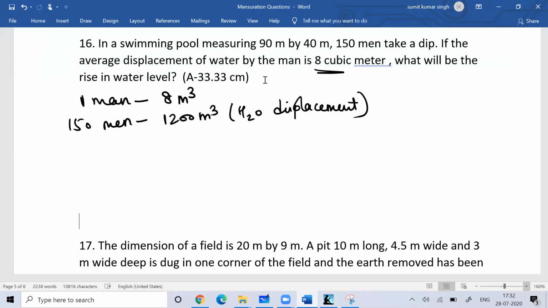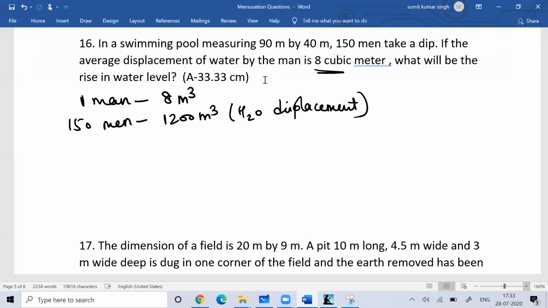It's basic physics knowledge, nothing related to fluid mechanics. So the total volume of water displaced is around 1200 meter cube, and that should be equal to the volume of water which is being worked on.